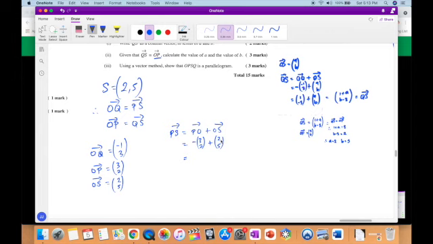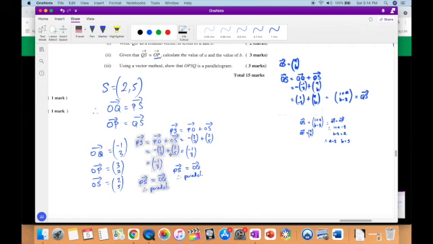Therefore that is 2 minus 3 is minus 1, and 5 minus 2 is 3. Right? So now we see in here that PS is equal to OQ. Therefore, parallel. Right? And that is one part that we proved there. So that is 1.5 marks we get for that.